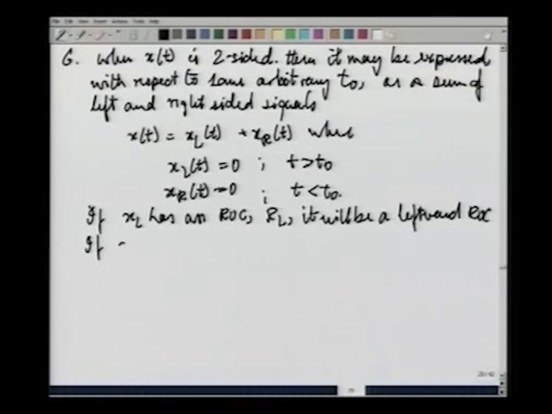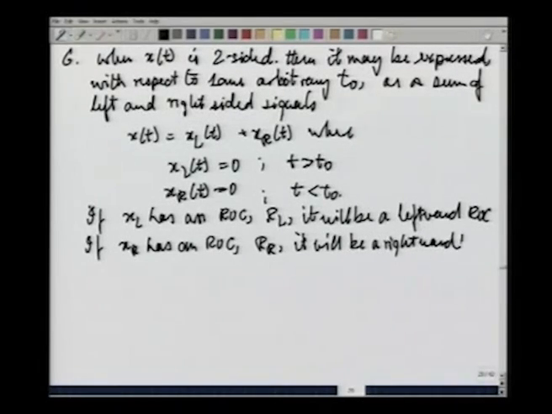If x R has an ROC R R, it will be a rightward ROC. This follows from the previous results we have.